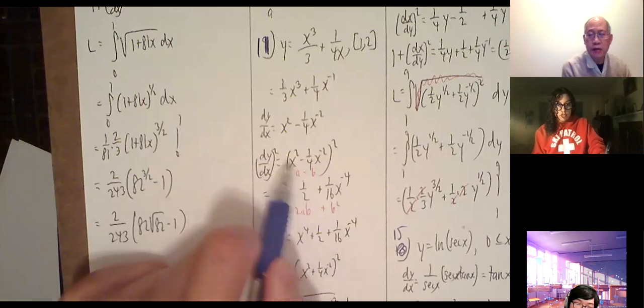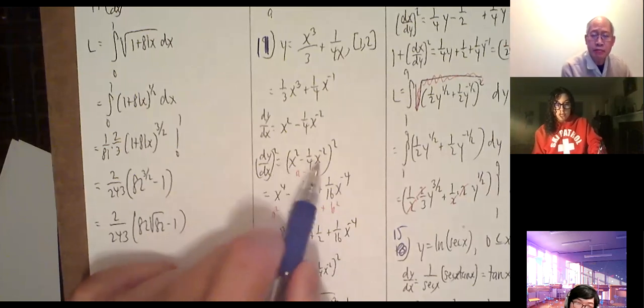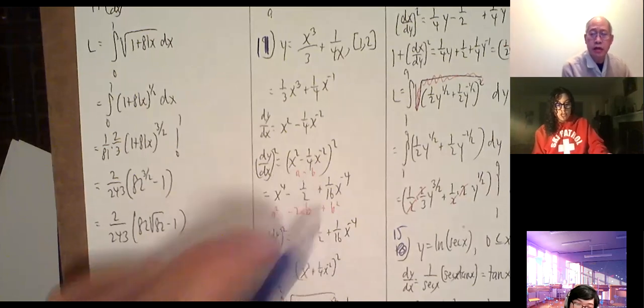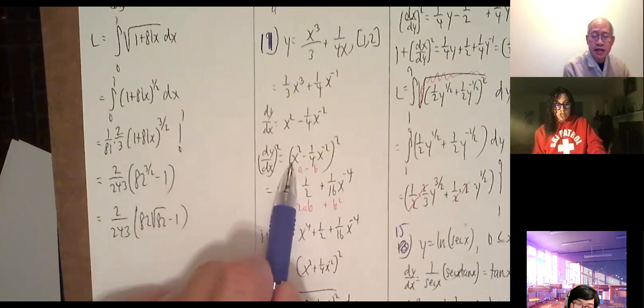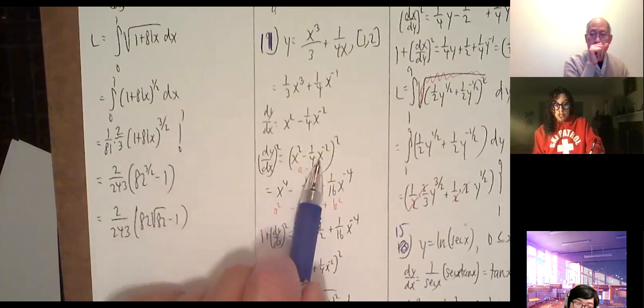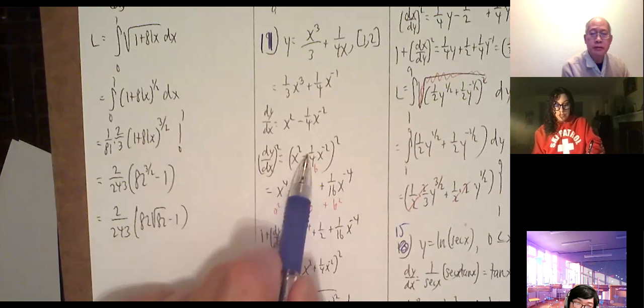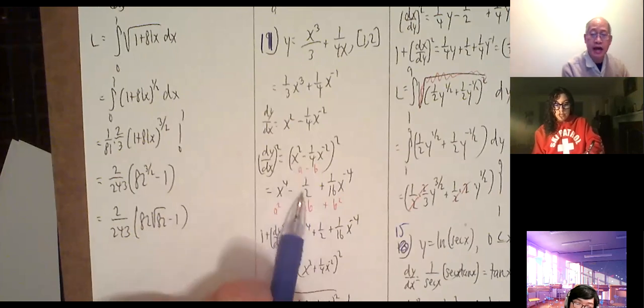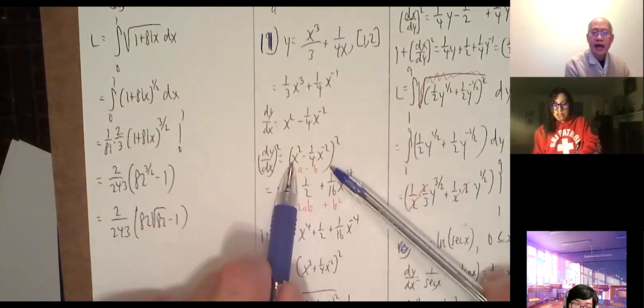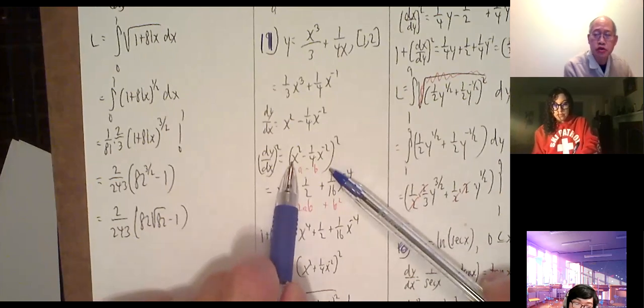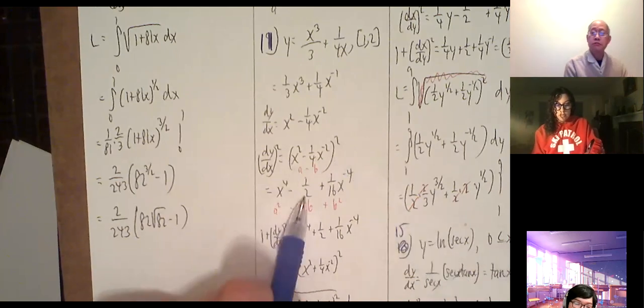Now here's the tricky thing about the middle. Minus 2ab, so it's 2 times this times this. 2 times a 4th is a half. And now this: what's x squared times x to the minus 2? That's x to the 0, which is 1. So the middle term is just minus a half. How do you like that?